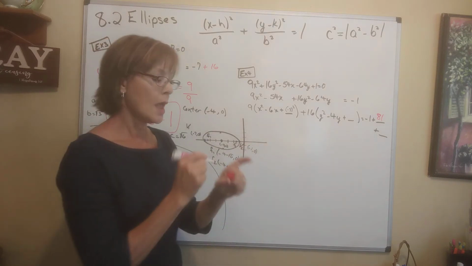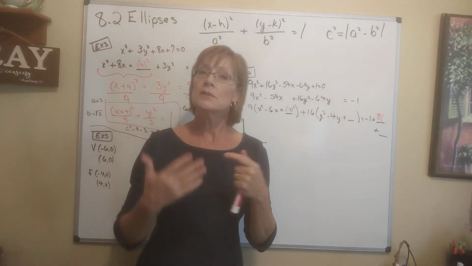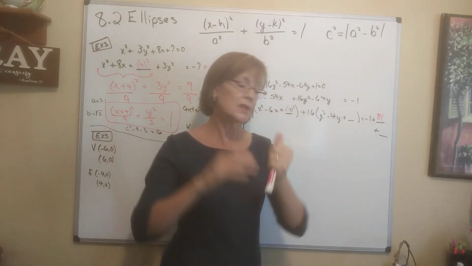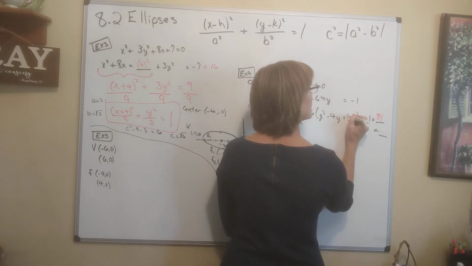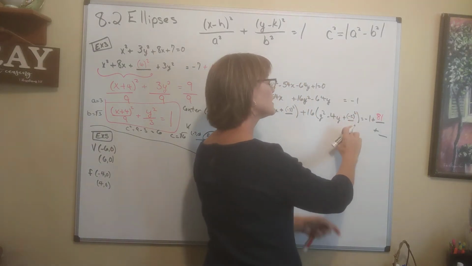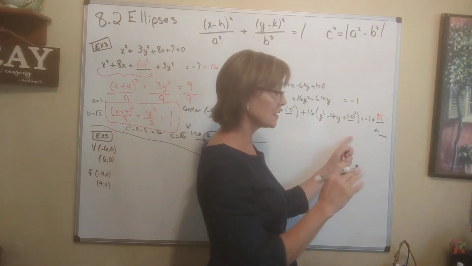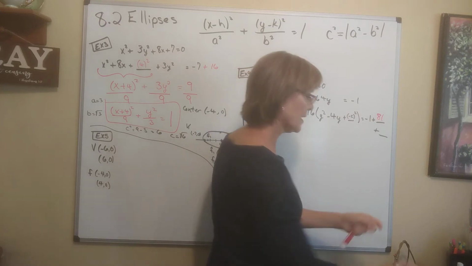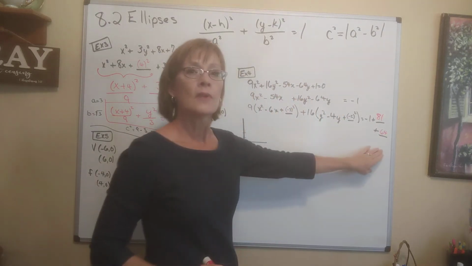Okay, right here, b is negative 4. Negative 4 divided by 2 is negative 2. I add negative 2 quantity squared to both sides. Okay, yeah, that's 4, but I didn't just add 4 to this side. I added 16 times 4 to that side, which is 64 is what I added to the left. 64 is what I need to add to the right.